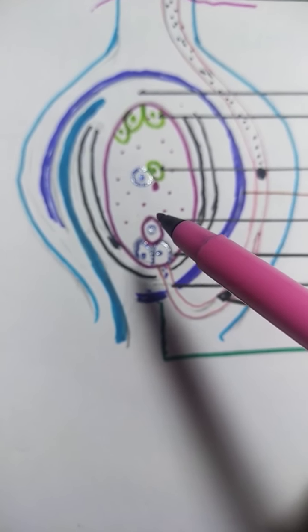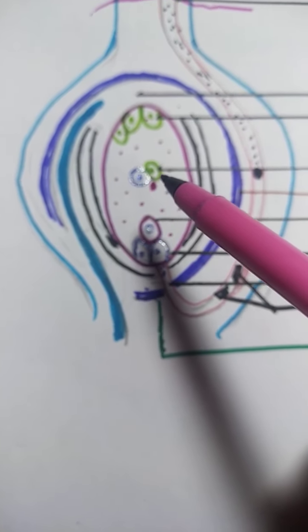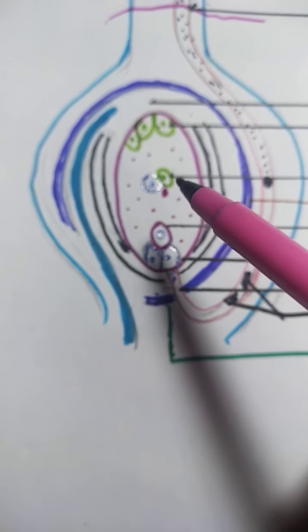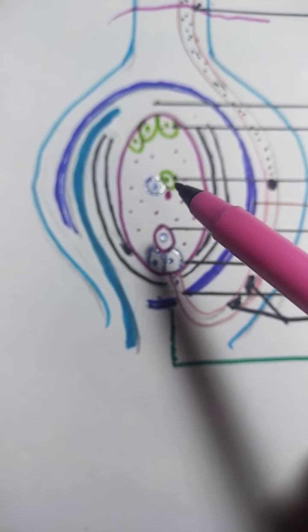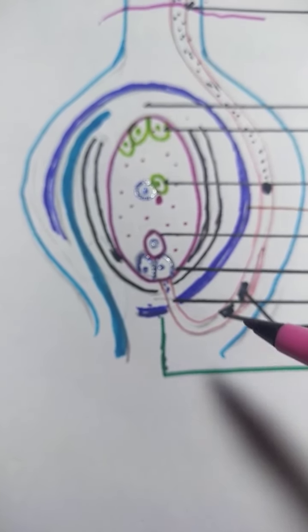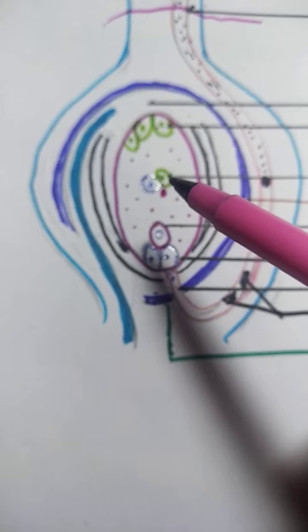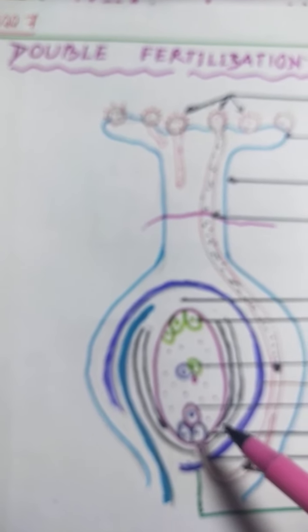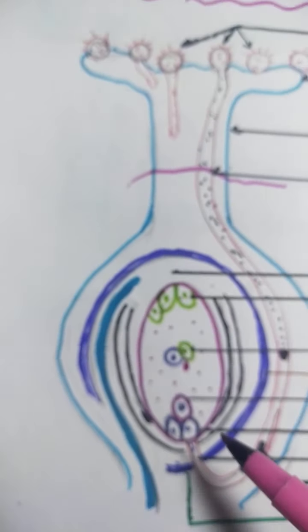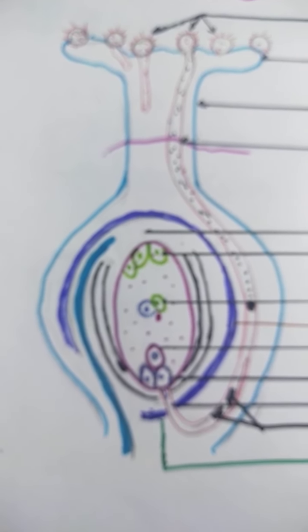The second male gamete fuses with the two polar nuclei and forms a triploid nucleus, called the primary endosperm nucleus, which will form the endosperm. As two male gametes fertilize twice, once generative and once vegetative, the fertilization of angiosperms is known as double fertilization. This is all about double fertilization in angiosperms.